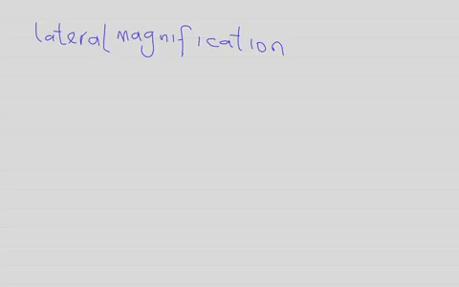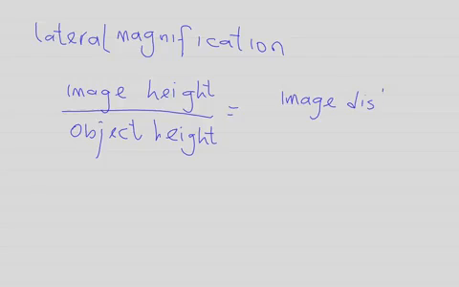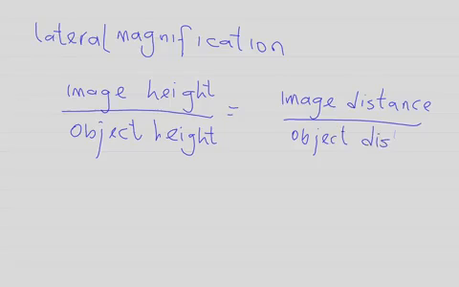Lateral magnification is equal to image height over object height, and then image distance over object distance. Now there is going to be a minus here. Take note.